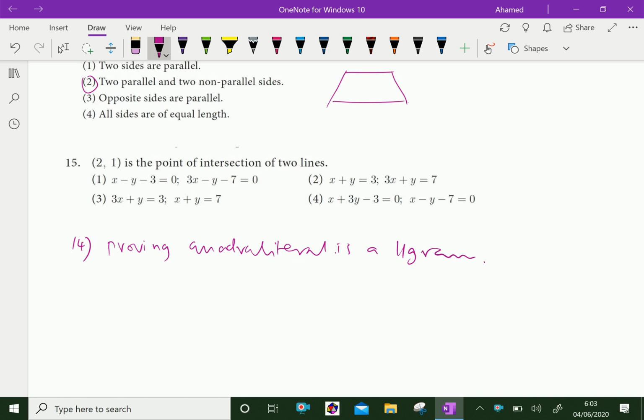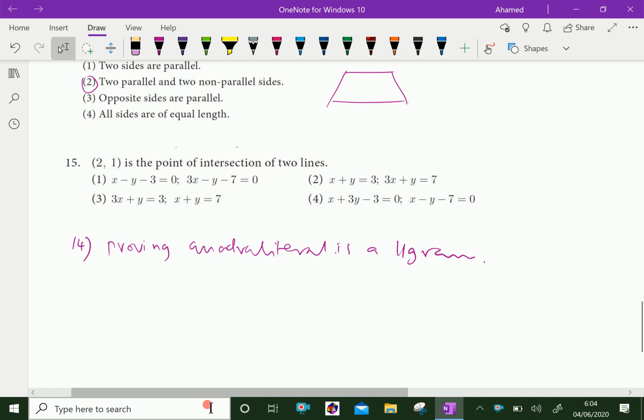What are the options? Slopes of two sides, slopes of two pairs of opposite sides, the length of all sides, both the length and slopes of two sides.